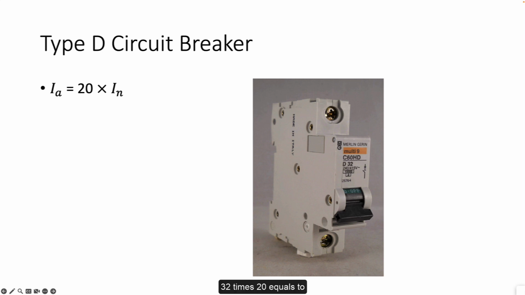So 32 times 20 equals 640. In summary, Type D circuit breakers are designed to trip at a level between 10 to 20 times the rated current, making them suitable for industrial applications where large inrush currents are expected.